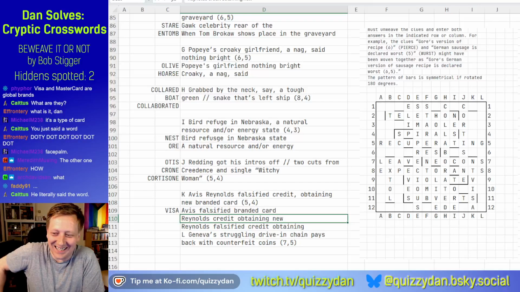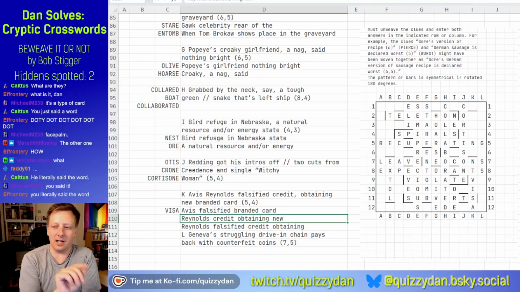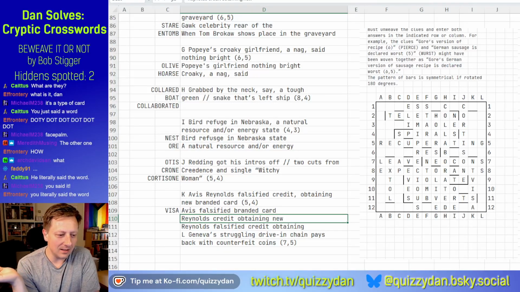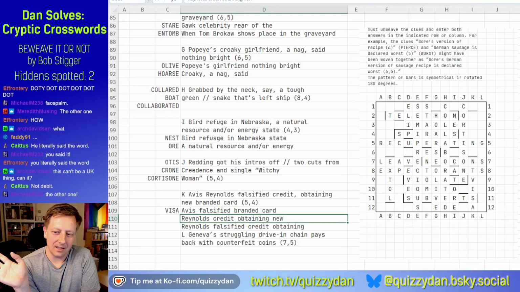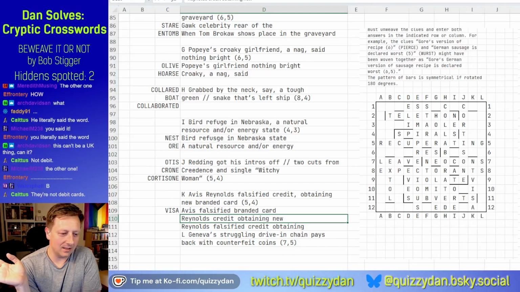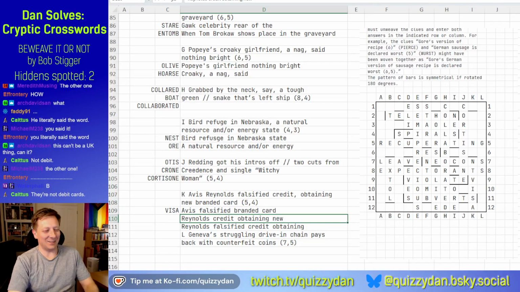I have no idea what's going on. First letter, please, for this other half of the clue. Debit? But where does the N go in? N might be elsewhere. Credit. Oh, okay.